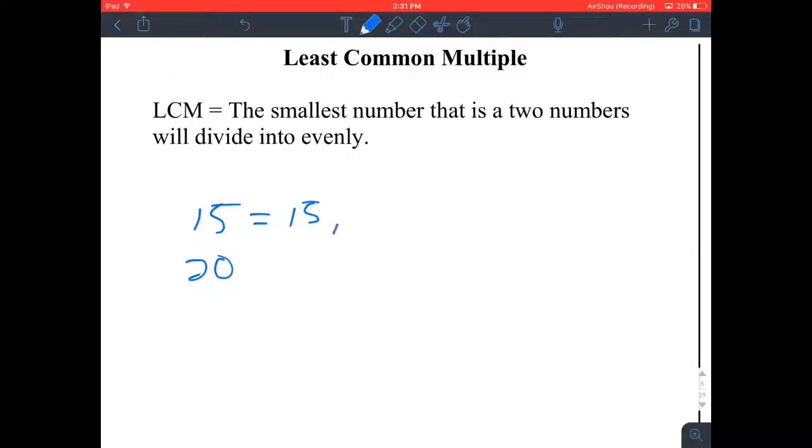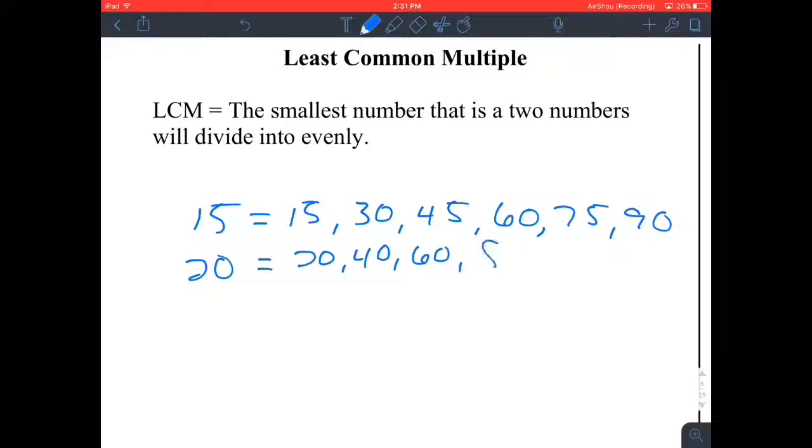Multiples of 15: 15, 30, 45, 60, 75, 90. Multiples of 20: 20, 40, 60, 80, 100. These lists go on forever. We're looking for the smallest number that's in each of these lists. And that smallest number is 60.